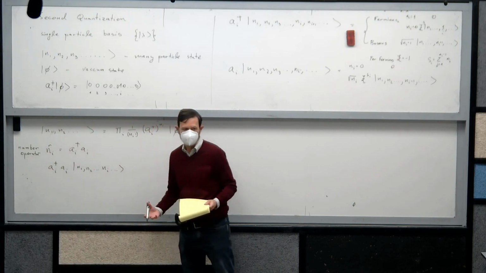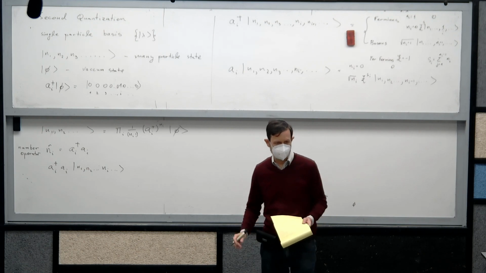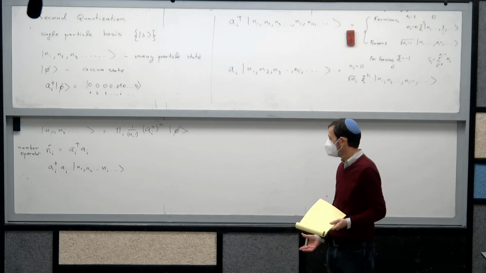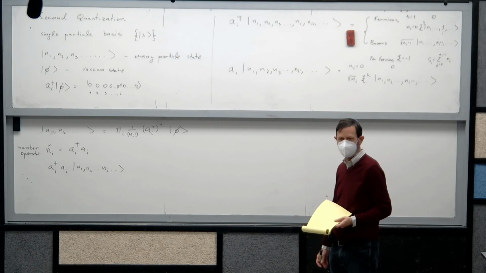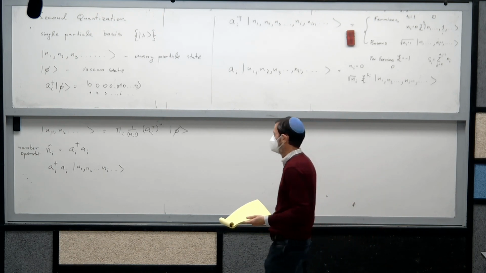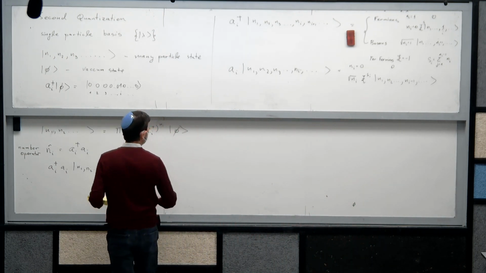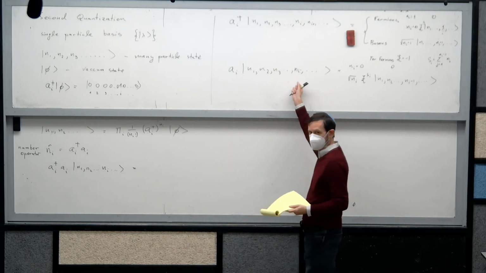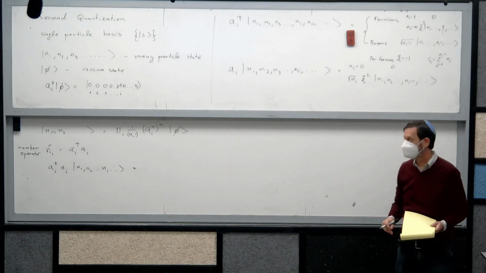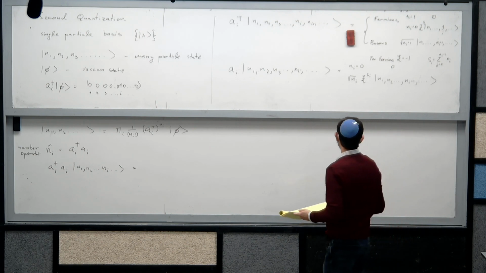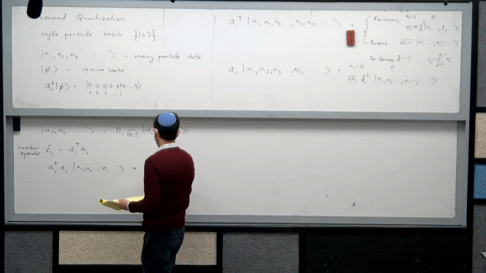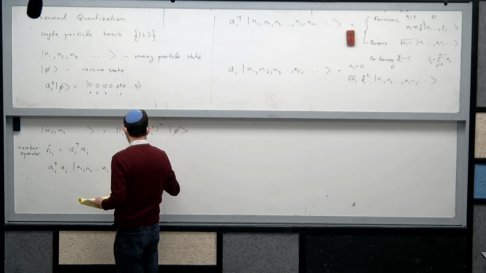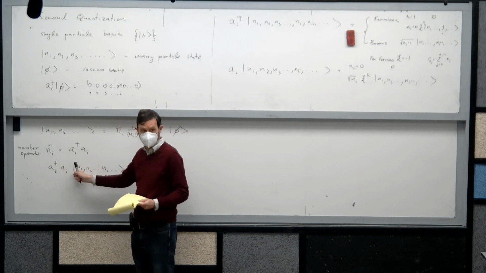Okay, so I'm applying the number operator for state. What am I supposed to get here as a result? Ni, exactly. Okay, so I'm reading off my rule book. Order is important.